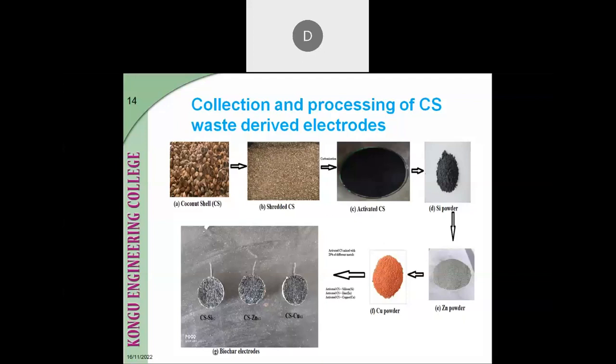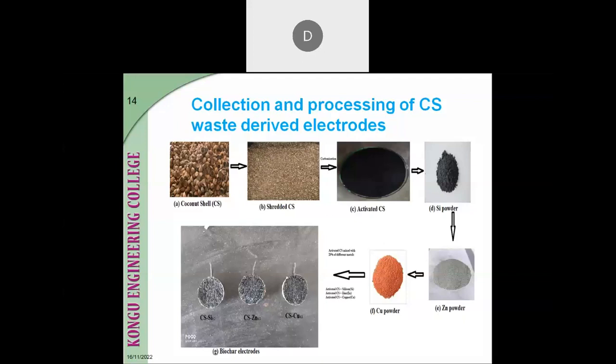In addition to that, there is a chance of smoke discharge, and also particulate matter gets discharged. So we can use that coconut shell, a waste material, for a specific purpose.